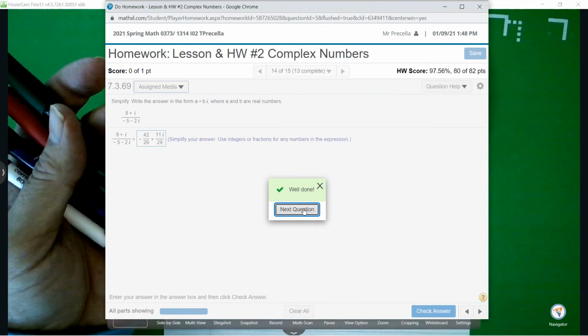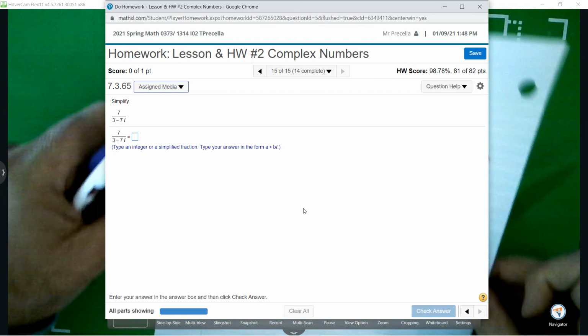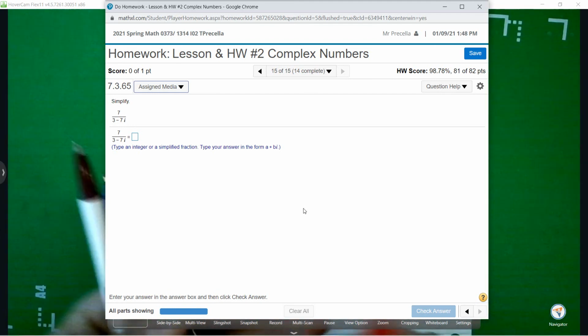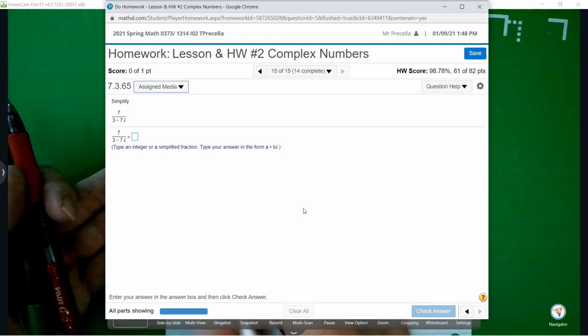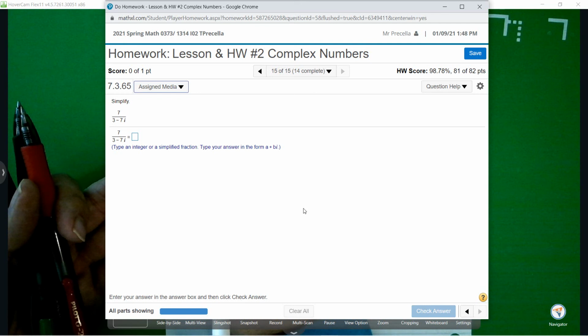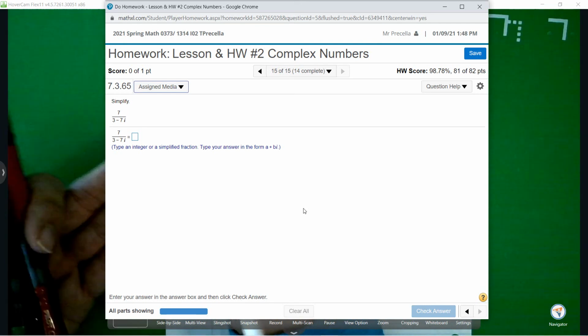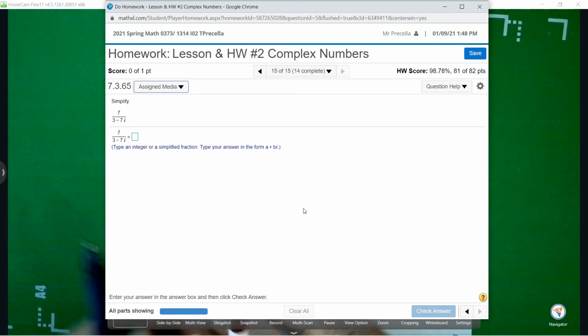So one more. This is problem 15, the last one, so it has to be the hardest, right? Isn't the last problem usually the hardest? Let me write it down. Number 15. 7 divided by 3 minus 7i. So we're dividing a real number, 7, by the complex number.